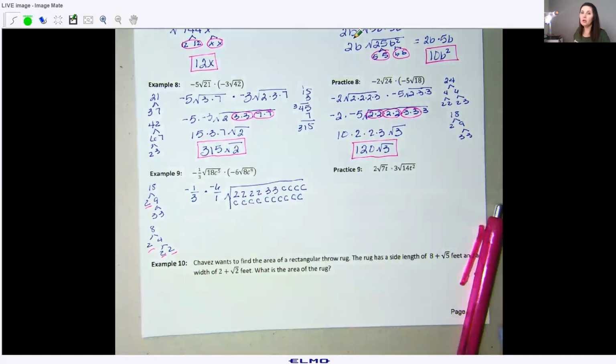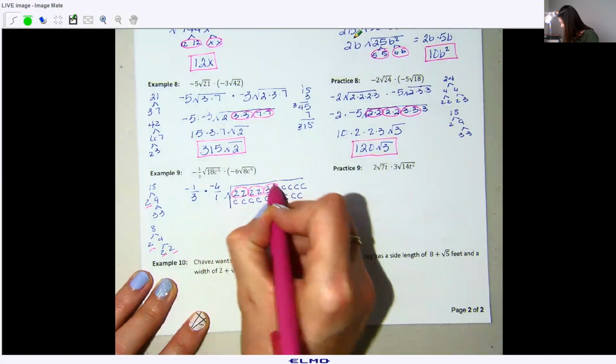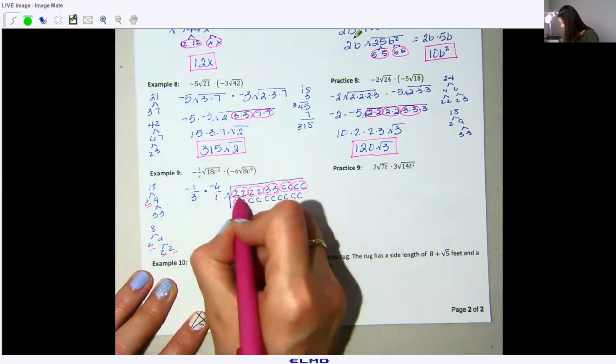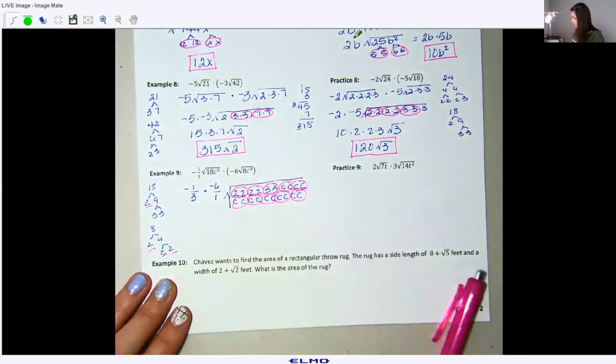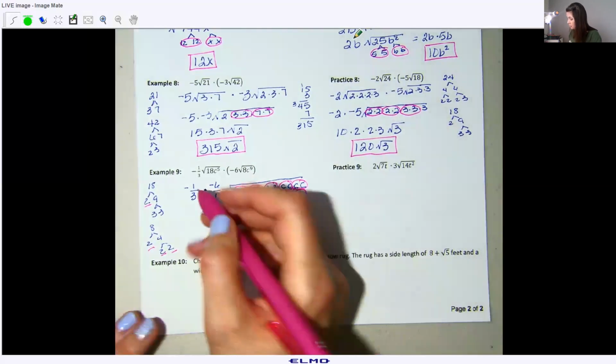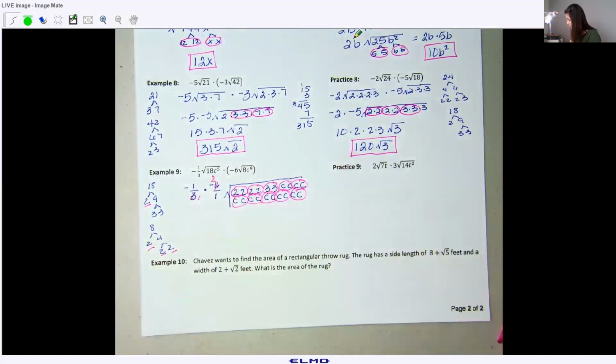Now, some of you might already know, if you have 14 C's and you're pairing them into groups of 2, then you're going to have 7 C's left over. And that's true. That's what you would pull out. So all right, here we go. -1/3 times -6, after I cross simplify, is 2.